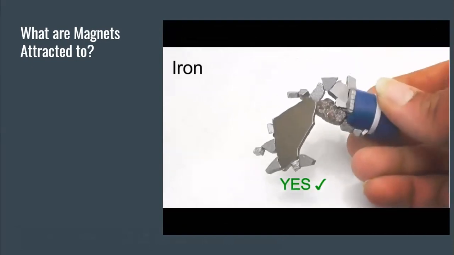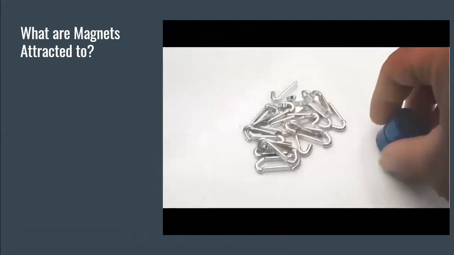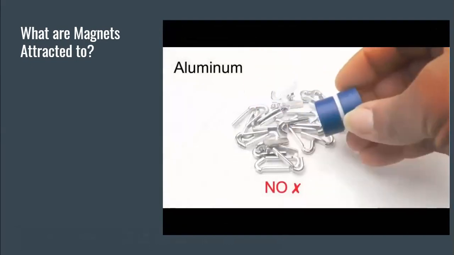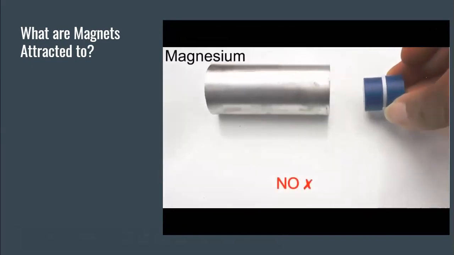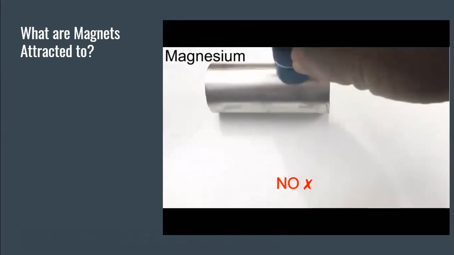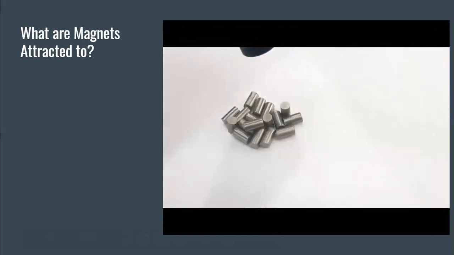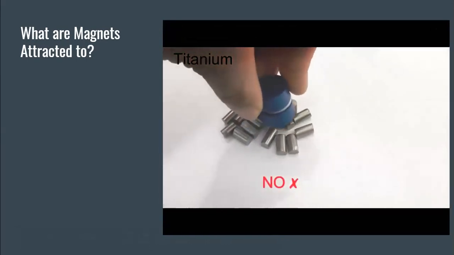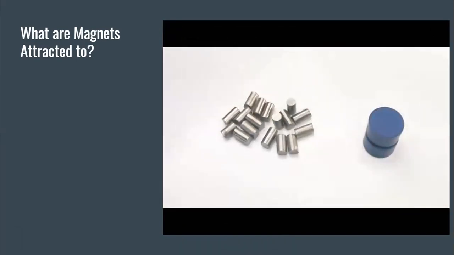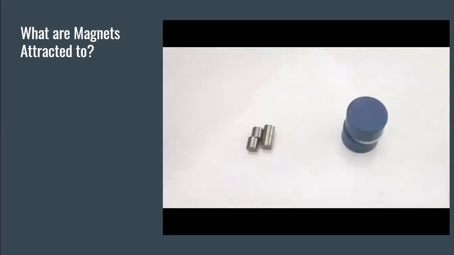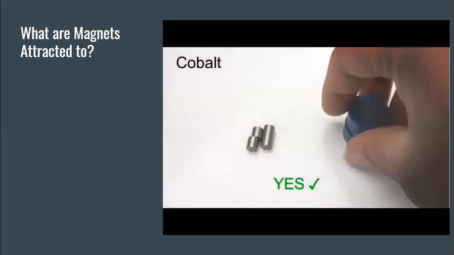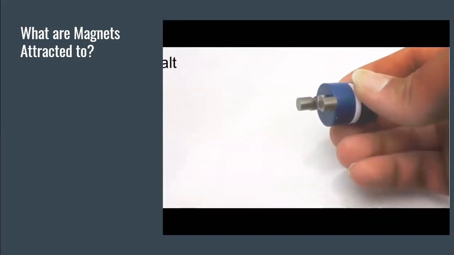So the first one is iron, and magnets are attracted to iron, but they aren't attracted to aluminum, magnesium, or titanium. They're definitely not attracted to tin, but they are attracted to cobalt.